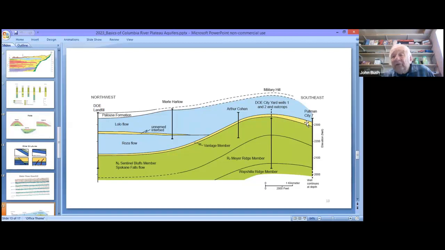And in this case, these units become exposed in the outcrops, and I've walked them as they rise above the DOE city yard wells, and you can trace them into the lower ones in the DOE city yard wells. They rise a little over 100 feet in less than 1,500 feet.